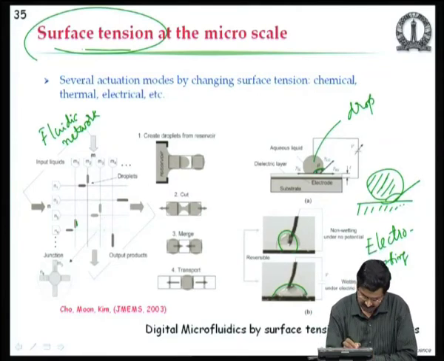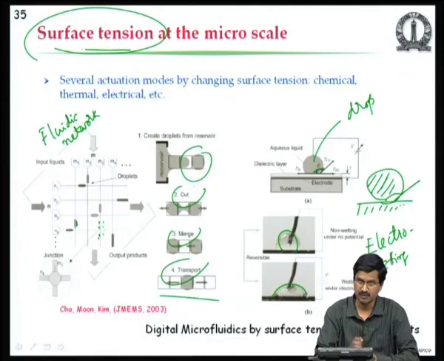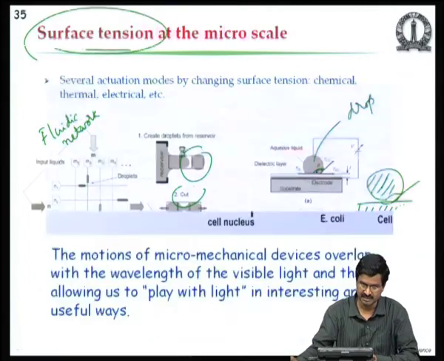Now, if I put these electrodes all across these things and activate one at a time, we can make these drops move. The drops can be cut, they can be merged, then they can be moved. So, merging, cutting and transporting, all of these things can be done, including generation of the droplets to begin with. So, you can use these drops to move things around on the chip, and that happens only because of surface tension. We cannot do it at the macro scale. So, that is really a consequence of scaling.